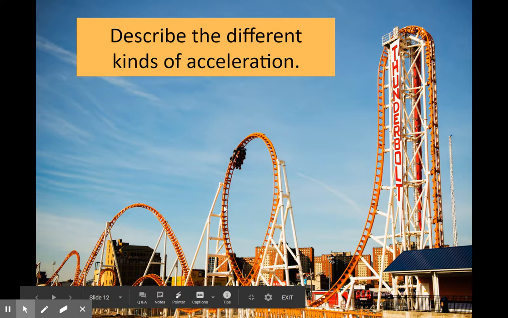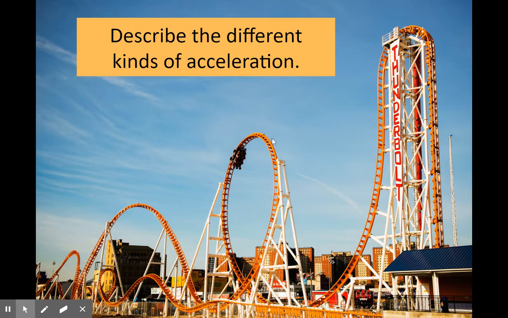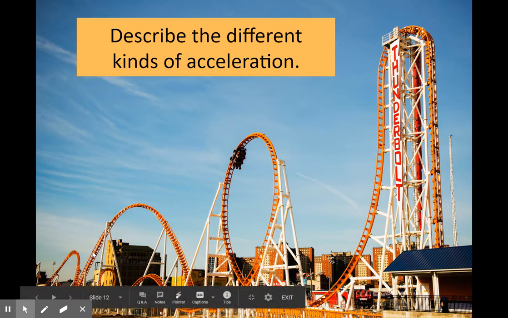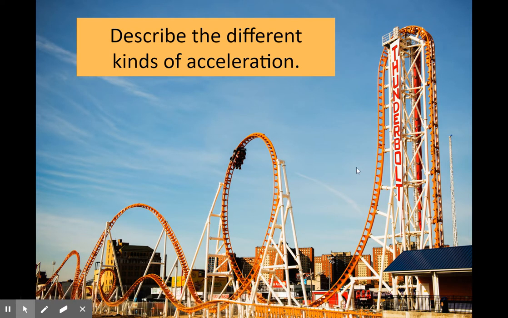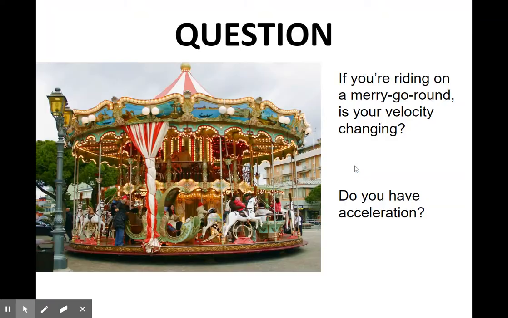And then you get some other acceleration from changing direction. You're changing direction at the bottom here because you're going from curving down to curving up. You're also going to be going more slowly all along up here because you're fighting against gravity. And then you change direction. So there are all kinds of different acceleration. That's why roller coasters are fun, because you can feel that.